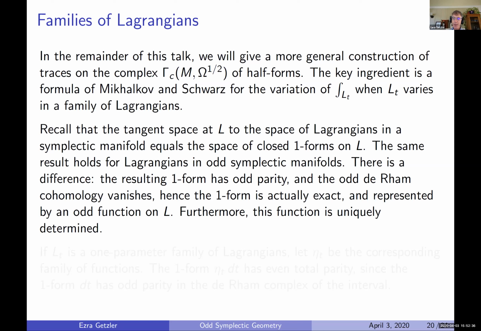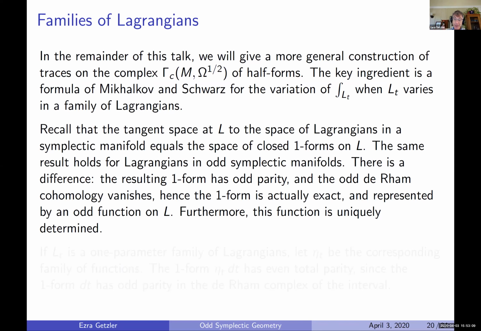So now let's go back to regular symplectic geometry. You'll recall that if you have a one parameter family of Lagrangians, then the infinitesimal deformation of the Lagrangian is determined by a closed one form along the Lagrangian. And the same thing holds for odd symplectic manifolds. If you have a Lagrangian and you take a one parameter deformation of it, the infinitesimal deformation is measured by a closed one form.